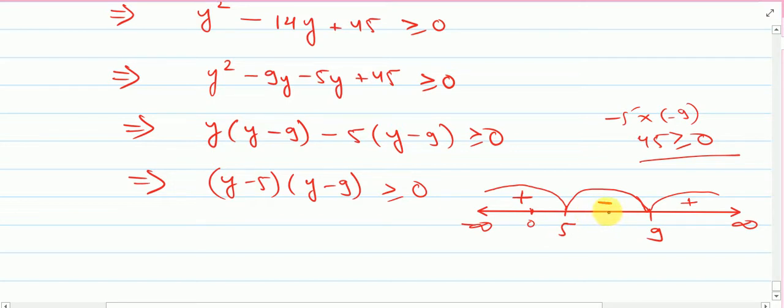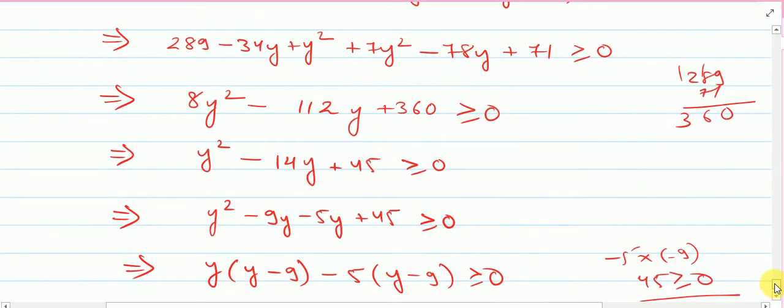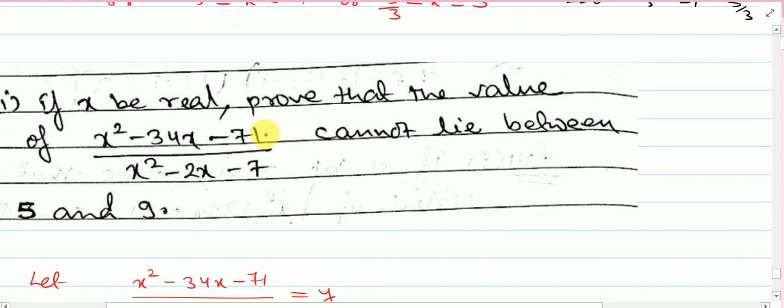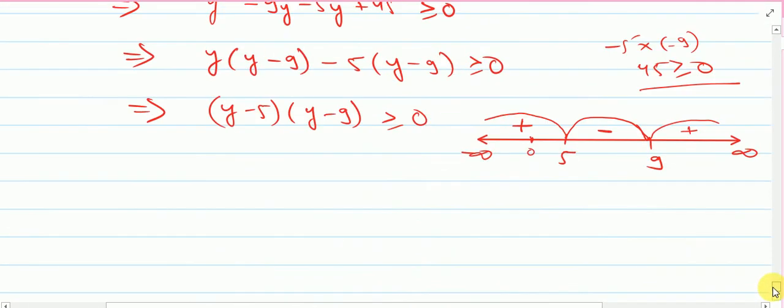And you can clearly see that they had asked you to prove that only, that value for this will not lie between 5 and 9. So here you can see that this y has to be from minus infinity to 5 or 9 to infinity, but not in between 5 and 9.